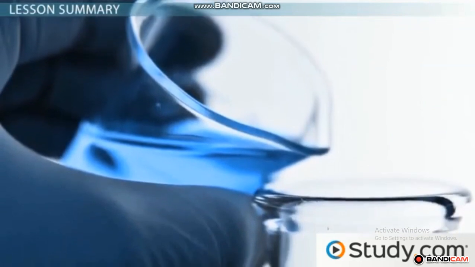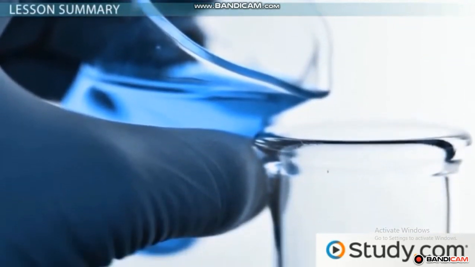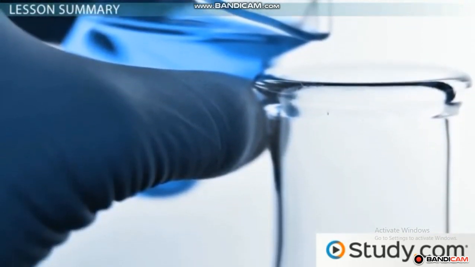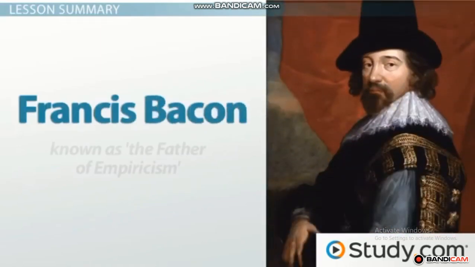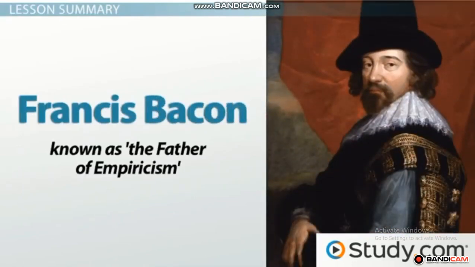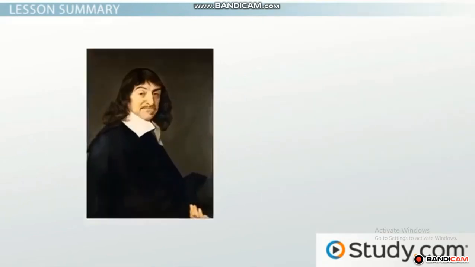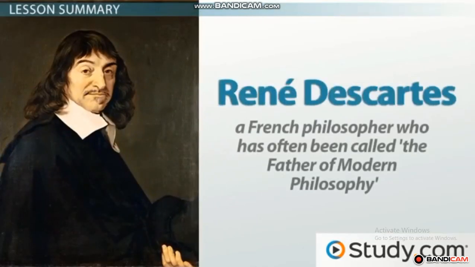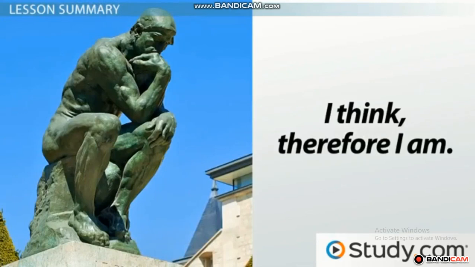Roger Bacon emphasized experimentation. A few hundred years later, Francis Bacon, the father of empiricism, came along. Finally, René Descartes was a French philosopher who has often been called the father of modern philosophy. Descartes was a rationalist who believed reason was the source of knowledge.